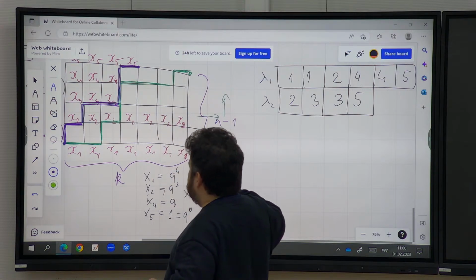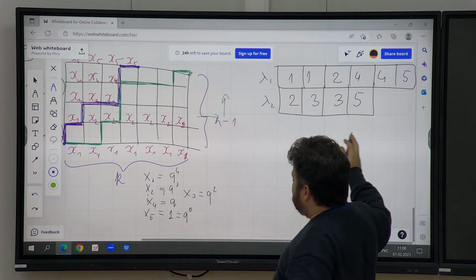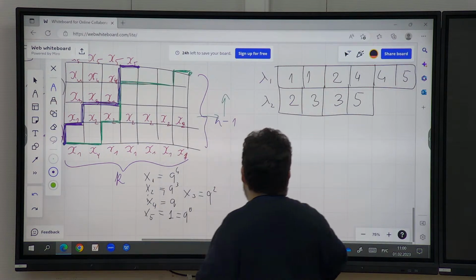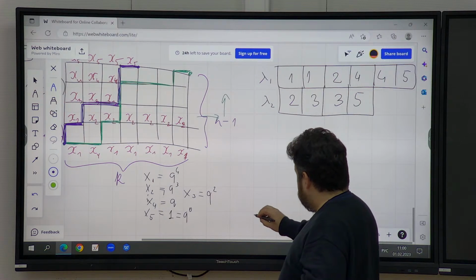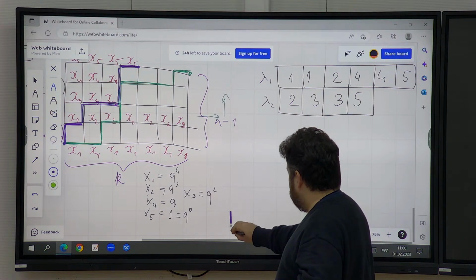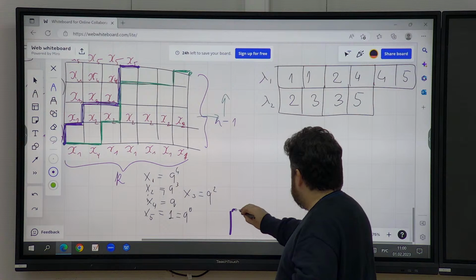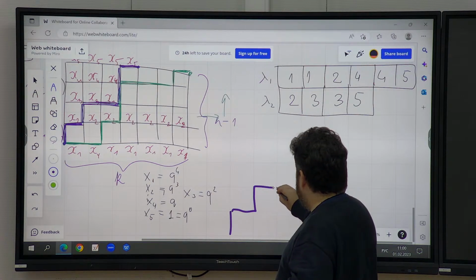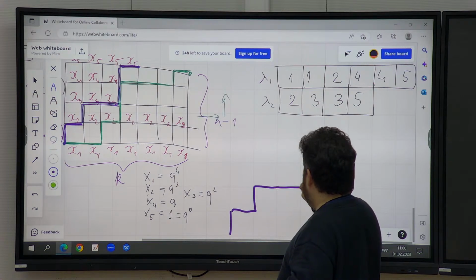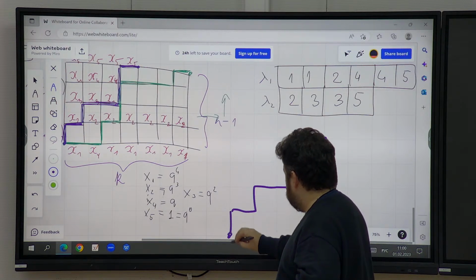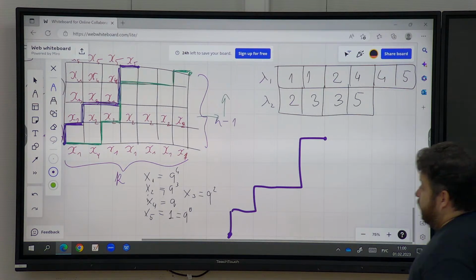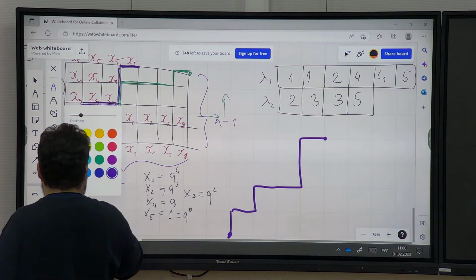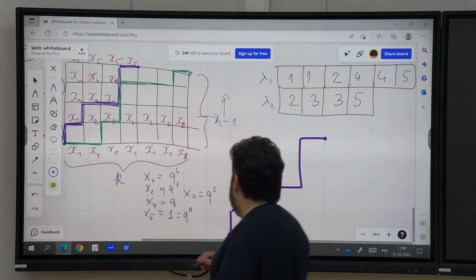Ну да. So let me draw this picture again. And, well, so this is going to be my 1, 2, 3, 4, 5, 6, 7, 8. Okay, and here's the green one.